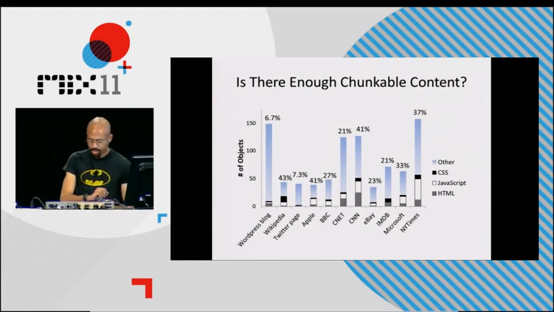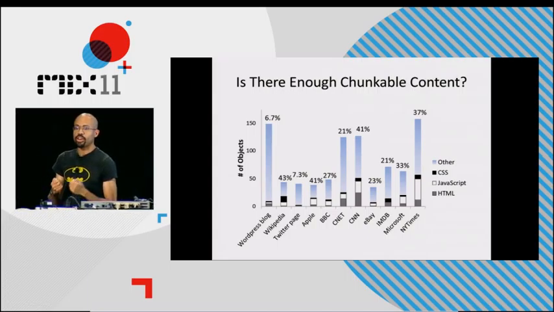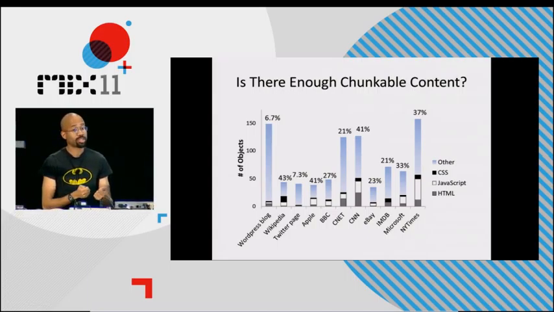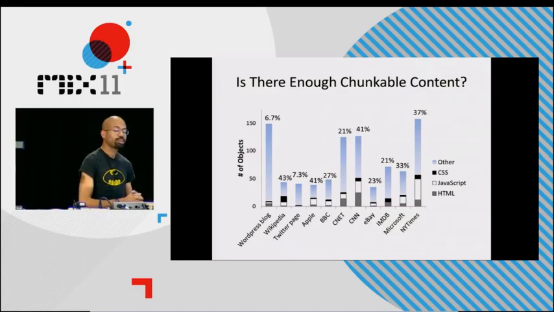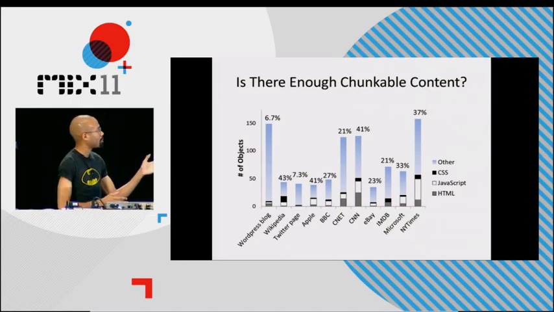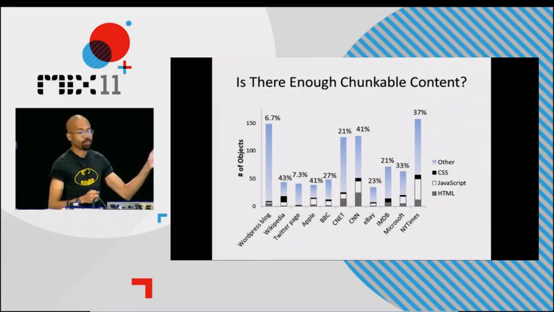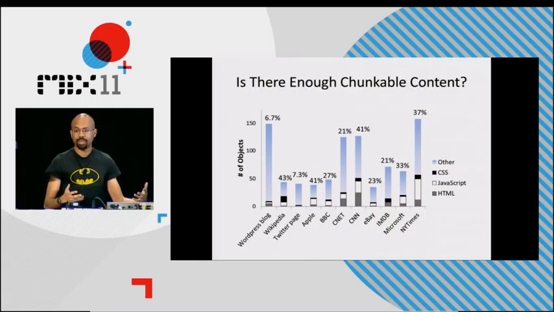So one question you might be asking is, is there enough chunkable content out there for this to make a difference? Because you might be under the impression that, hey, isn't everything movies and sound files and stuff like that? What this graph here is showing you is that for several popular websites, on the y-axis is the number of objects in that website, and we break it down by CSS, JavaScript, and HTML, that is to say chunkable content, and then other, that's the blue bar, stuff that we can't chunk basically.